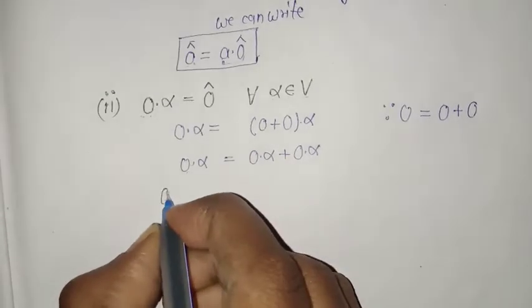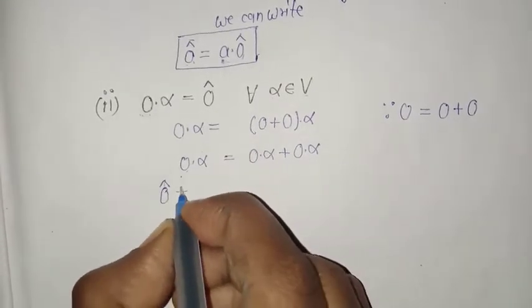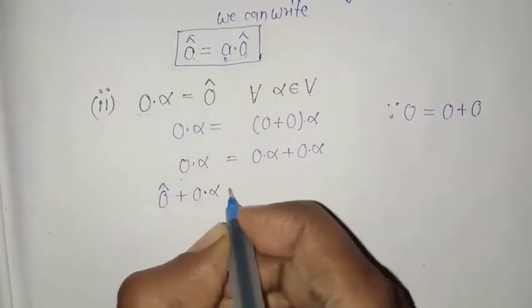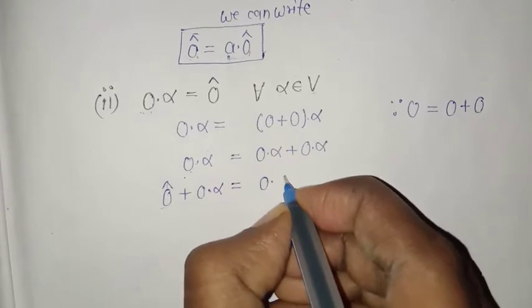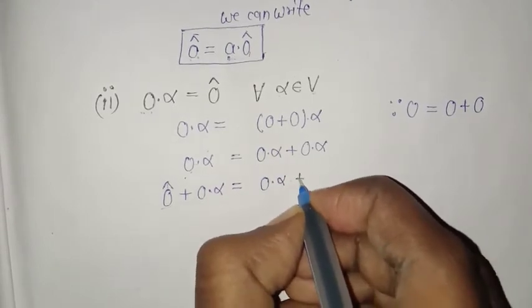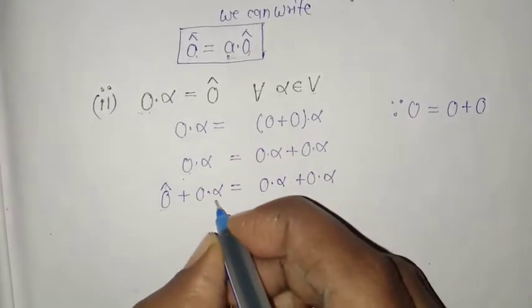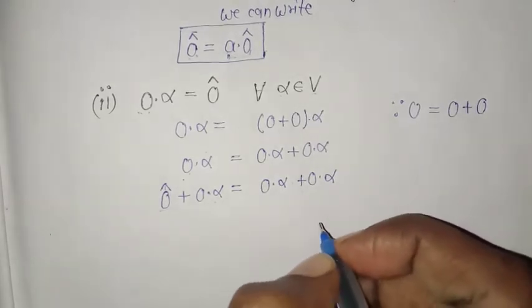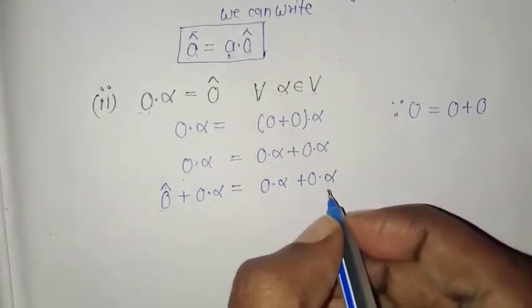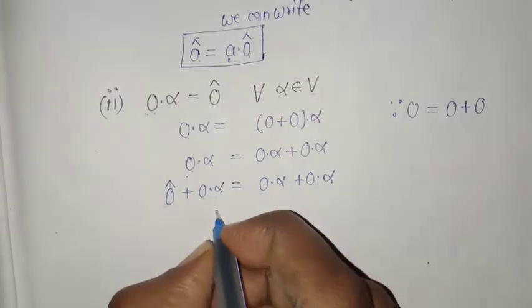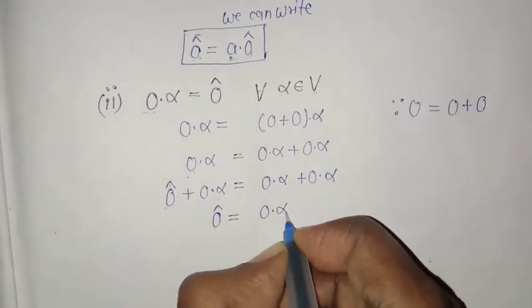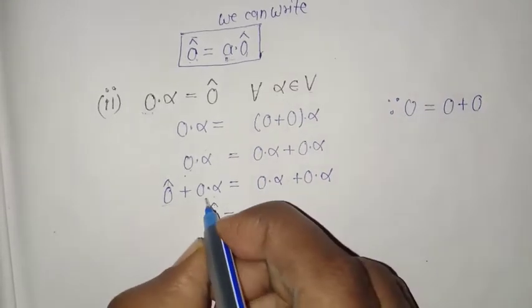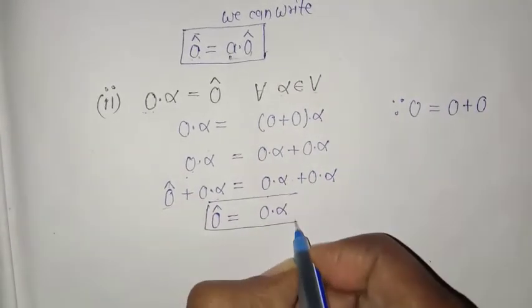Now again, if I add the 0 vector to this element, there will be no change in its value, so I can write it like this: 0 cap plus 0 dot alpha equals 0 dot alpha plus 0 dot alpha. Again, since V plus is an abelian group, I can use the right cancellation law. So this becomes 0 cap is equal to 0 dot alpha. So this is our second property, and it is also proved.